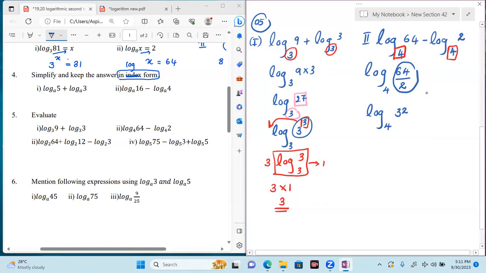Logarithm of 32 to the base 4. Actually here we cannot find the answer because we can't express 32 as a power of 4. Therefore we can express the answer in log form.